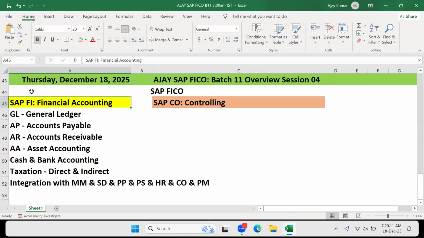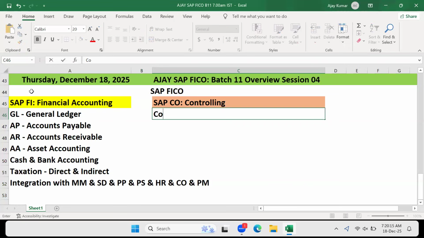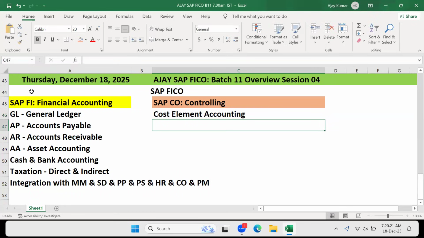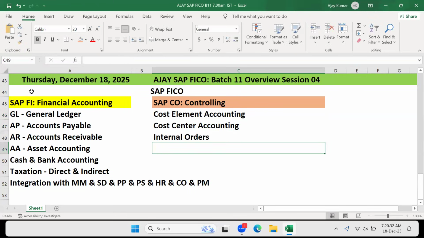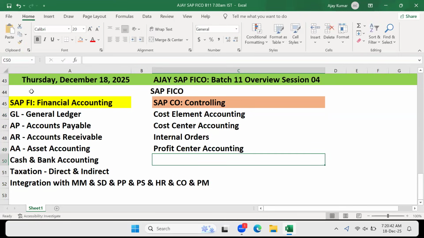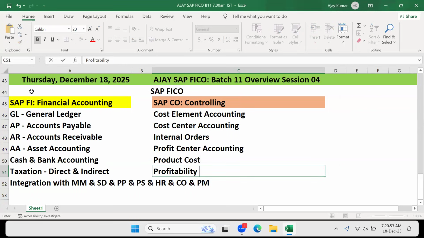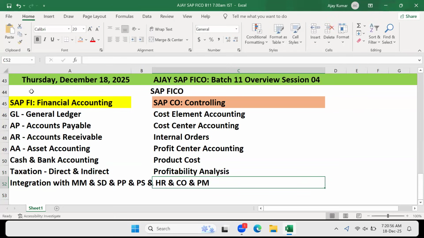In the similar way, if you talk about controlling, you have cost element accounting, cost center accounting, and then you have internal orders, and then profit center accounting, then you will be having product cost and profitability analysis.